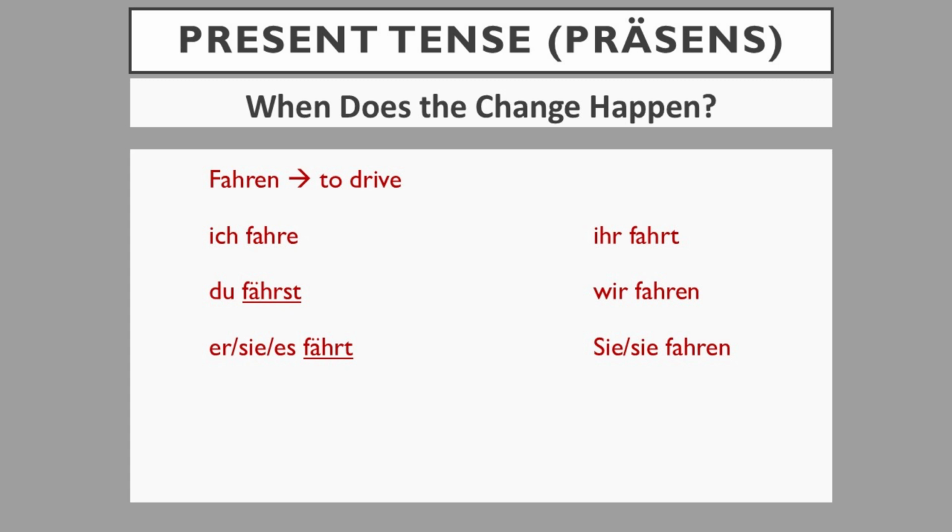The same happens with er, sie, es: fährt. The remaining pronouns follow the usual patterns like ich fahre, wir fahren, sie fahren. The stem change usually does not happen in these forms.